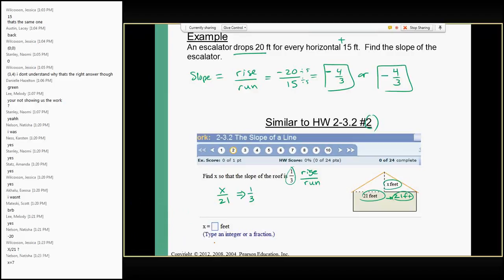Okay, Tish, how did you get 7? Okay, one way is to cross multiply, perfect. Or you can multiply top and bottom by 7 so that these guys are equal. And then there's your answer, 7. Now, I like how Tish said to cross multiply, so let me show you that way.